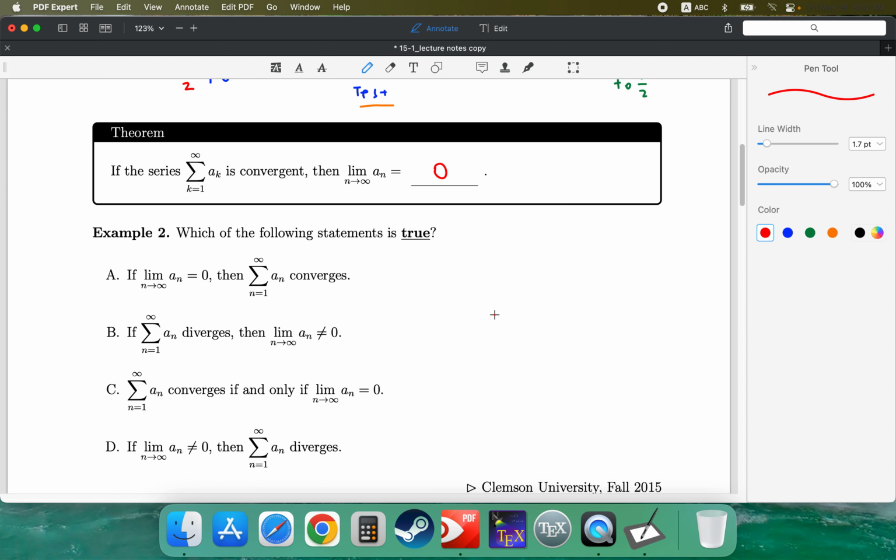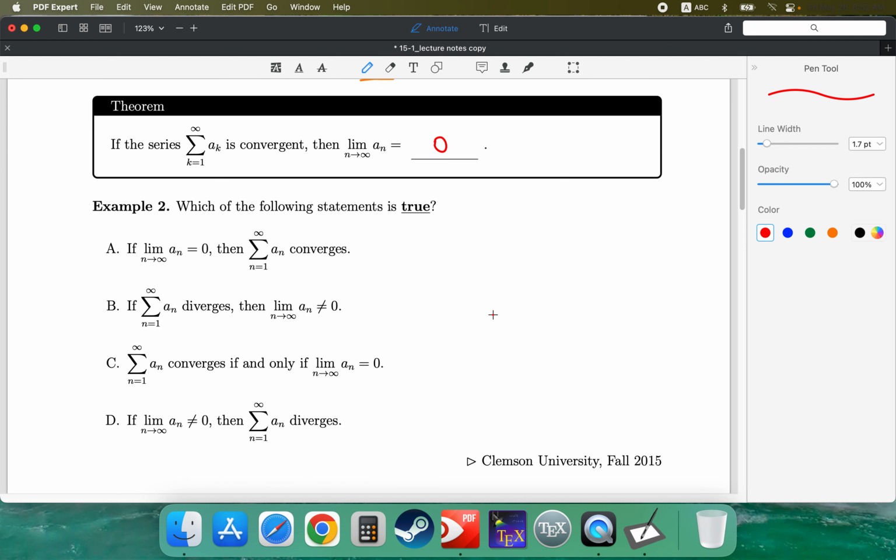Now let's take a look at example 2. The reason we put example 2 right here is because sometimes students get confused about these statements and theorems. Which of the following statements is true? A: If the limit of the nth term is 0, then the series converges. A lot of students in the past chose A because they think if the series is convergent, then the limit equals 0.